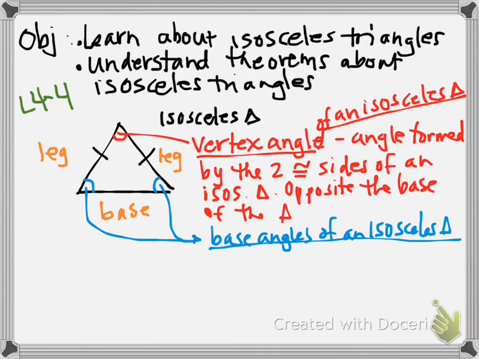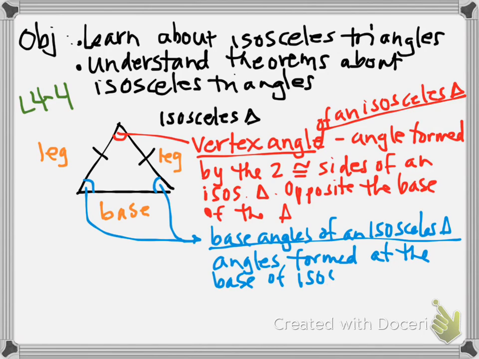And they are angles formed at the base of an isosceles triangle. Or you could say that the base is a common side of these two angles. Okay, that would be another way to think about it.